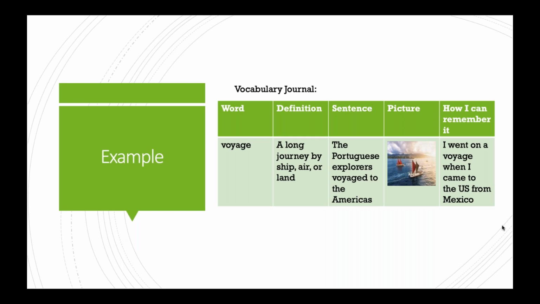And so they're not going to forget that word when they have something socially or emotionally that they can connect to that term. So that's an example of a vocabulary journal that you can set up ahead of time in that pre-teaching time, and then go back and have them fill in the blanks as you go through the different units or particular chapters in the text.